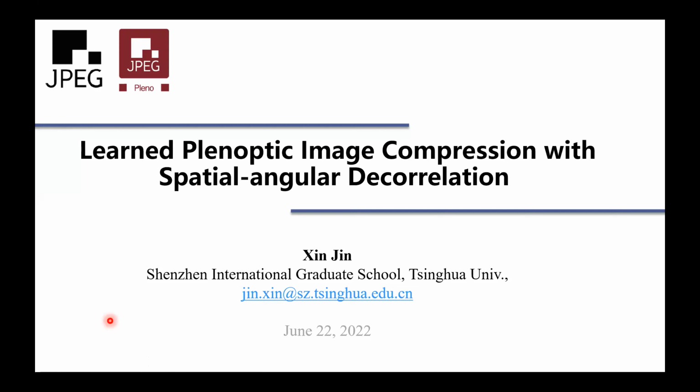Xinjing received a master degree in Communication and Information System and a PhD degree in Information and Communication Engineering, both from Huazhong University of Science and Technology, Wuhan, China, in 2002 and 2005, respectively. From 2006 to 2008, she was a postdoctoral fellow with the Chinese University of Hong Kong.